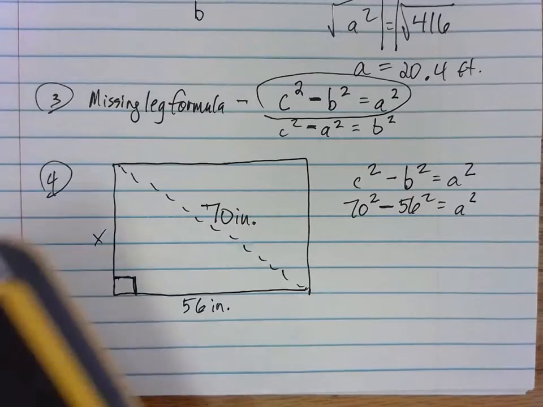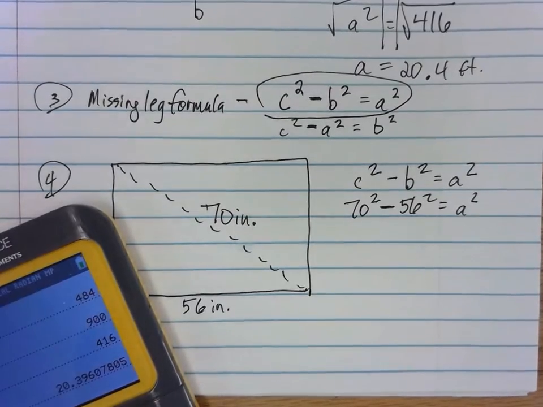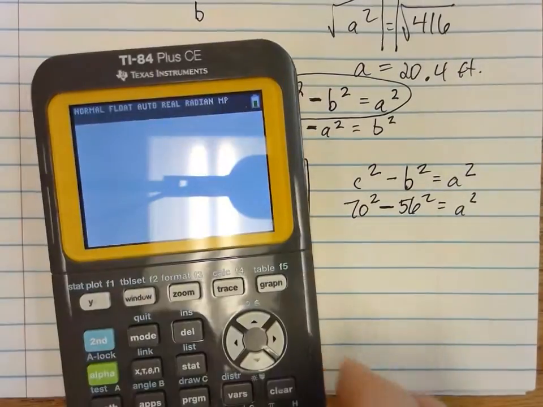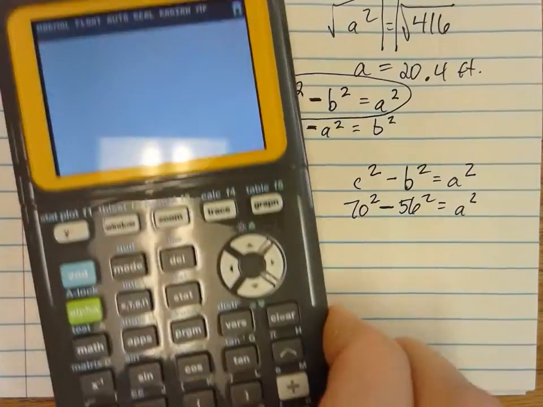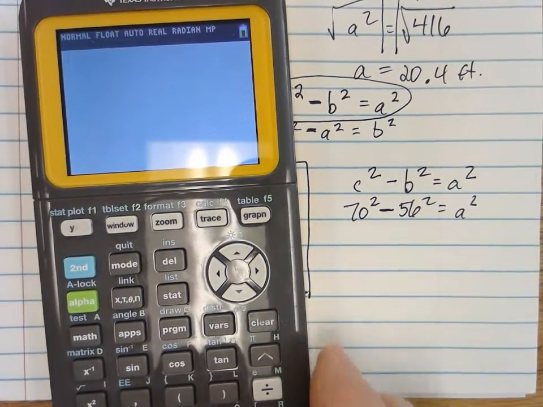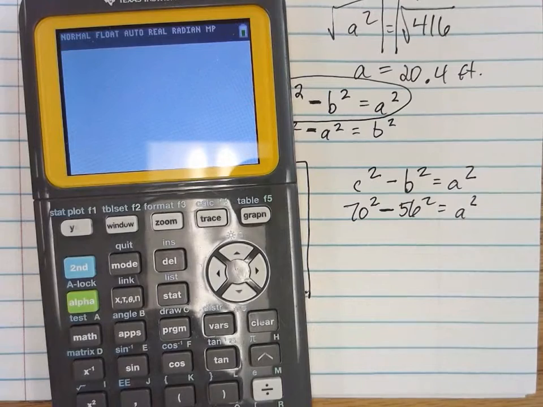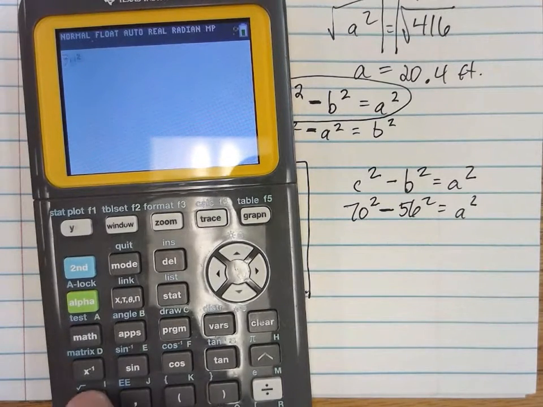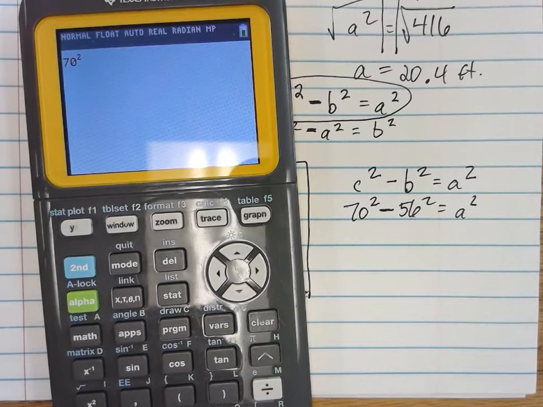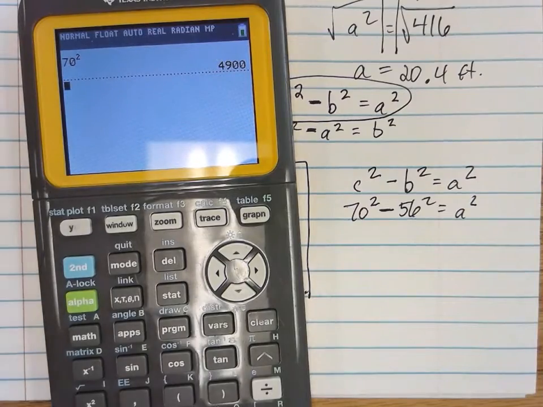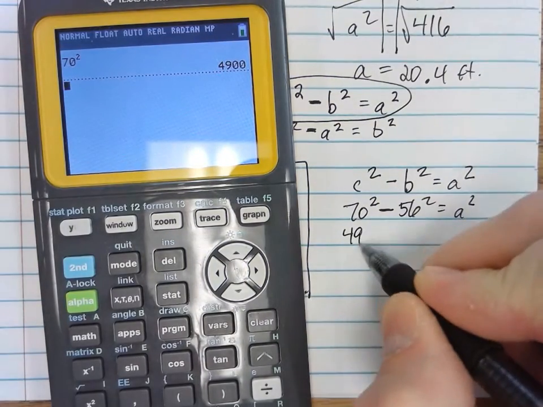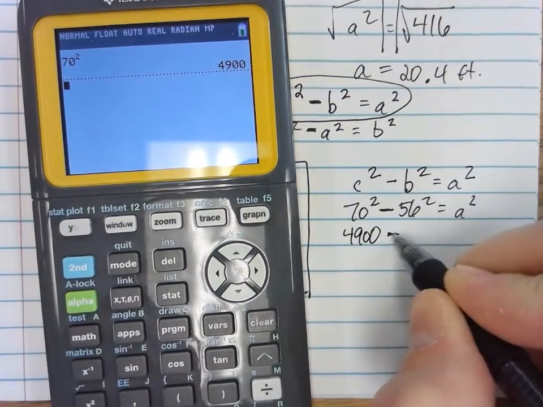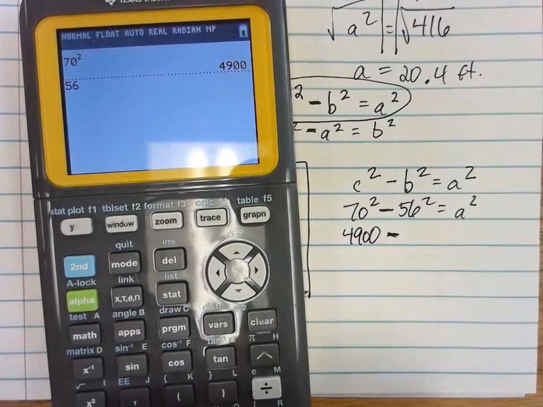Okay? So let's pull out our old trusty calculator here, see if we can find that missing leg. 70 squared, I think I know what that is. It'll be 4,900. Yeah, 4,900 for that. Minus, I'm going to take away the leg squared, which is 56 squared.